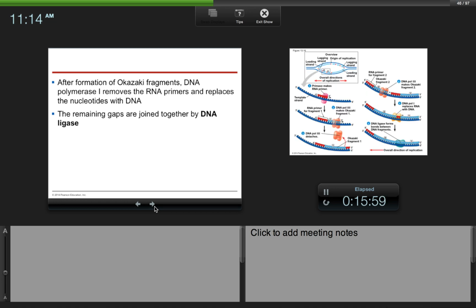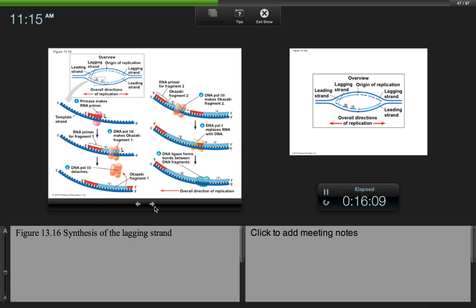After formation of Okazaki fragments, DNA polymerase I removes the RNA primers and replaces the nucleotides with DNA. The remaining gaps are joined together by DNA ligase. Okay, so here this is showing the formation of Okazaki fragments, and then the primers get replaced with DNA, and DNA ligase closes the gaps.